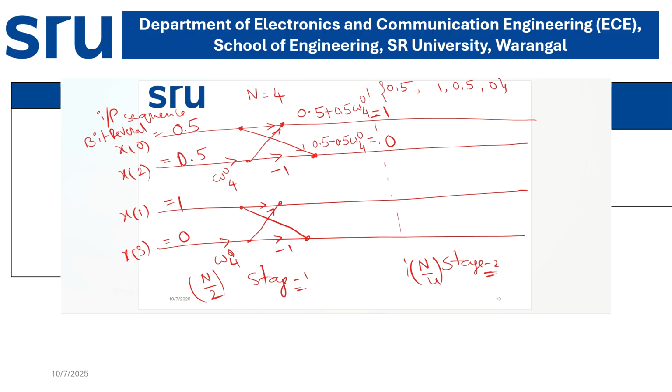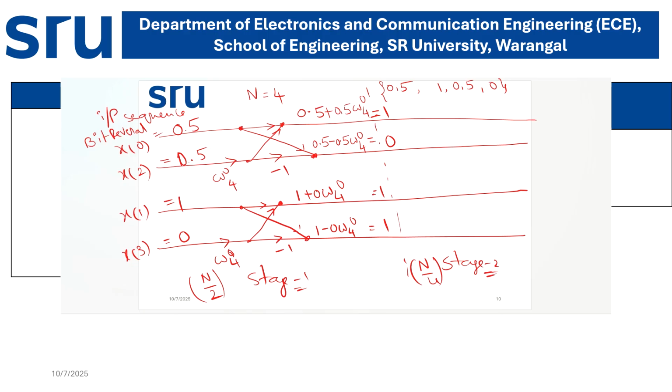Similarly, for the third line, the first input is 1 and the second input is 0, so the answer is 1. Now 1 minus 0 into the twiddle factor, that is 1. So in stage 1, why it is simple in terms of FFT is that the stage 1 output will act as the stage 2 inputs.